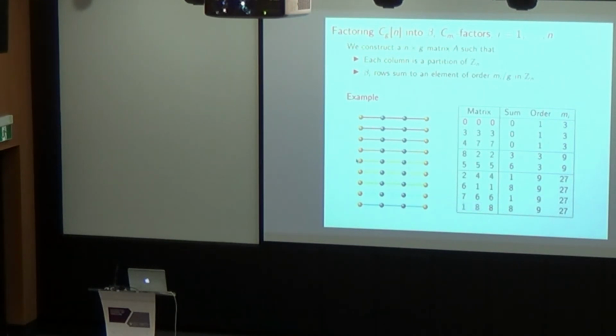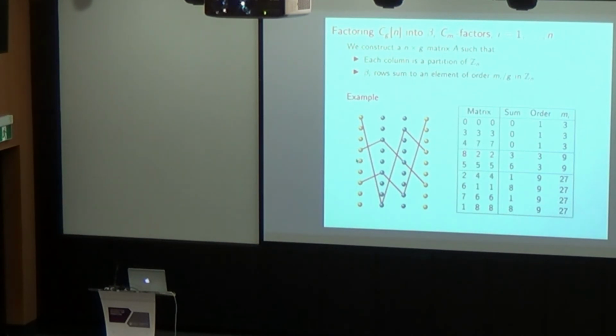And then to get a C3 factor, I just develop vertically. If I look at this row, my matrix has 8, 2, 2. So I take an edge of difference 8, follow it with an edge of difference 2, an edge of difference 2. And because the sum, 8 plus 2 plus 2, is 3 mod 9, has order 3 in Z9, that means if I just keep repeating difference 8, difference 2, difference 2, I'm going to wrap around 3 times before I complete the cycle.